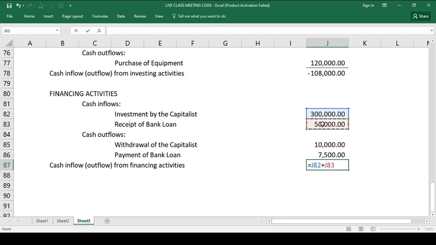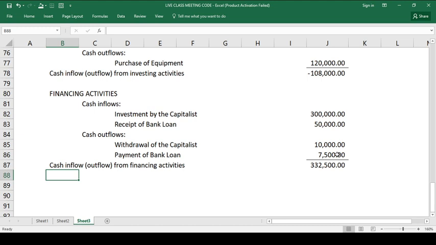Okay, itong dalawa. Then ibawas ang lahat ng cash outflows na 10, and then minus the 7.5. Okay? So lalabas po na financing activities natin is 332,500 yung cash inflow from investing activities.